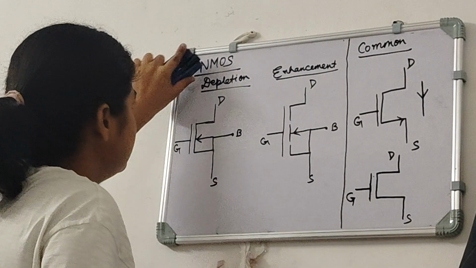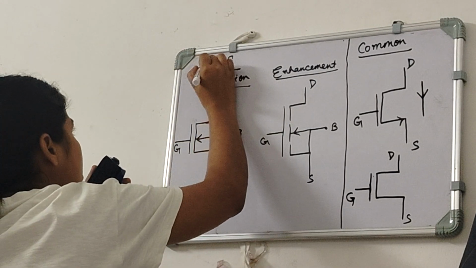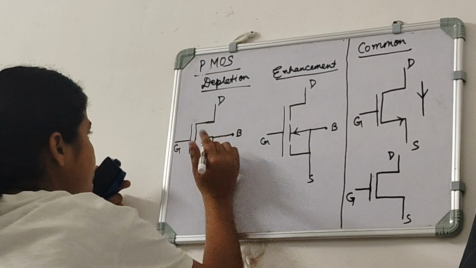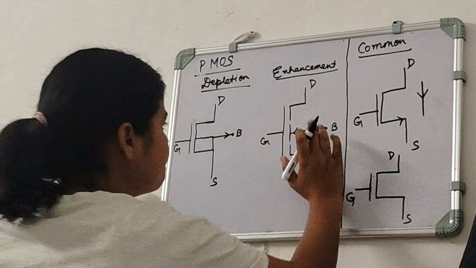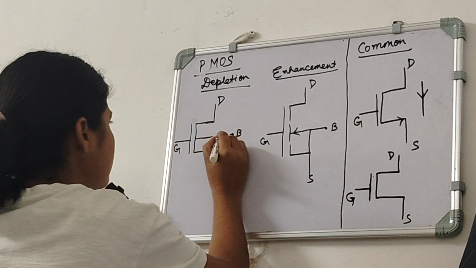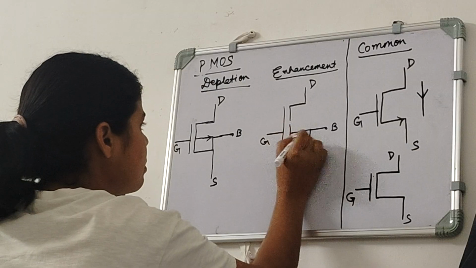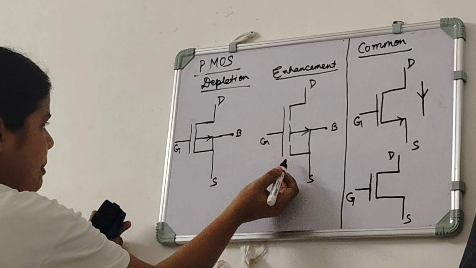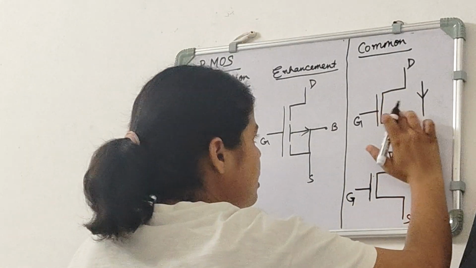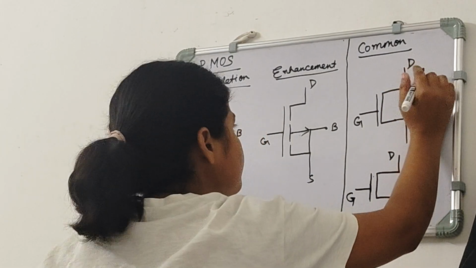Now if we see for PMOS, there will be some difference. Only the change of arrow in the depletion type and enhancement type, and here also we will have the change.